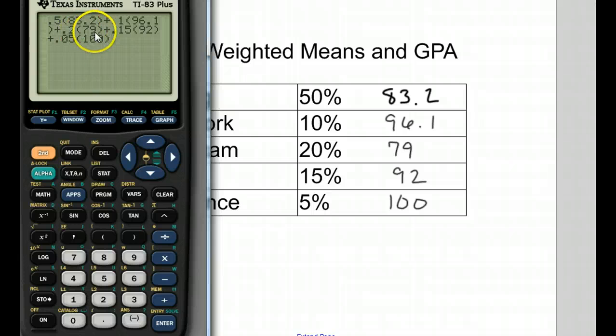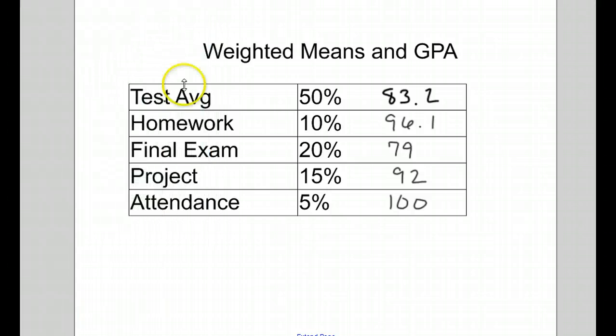Alright, 20% is 79, 15% 92, and 5% 100. Hit enter, adds it up. There's the grade for the course, 85.81. That's our weighted mean.